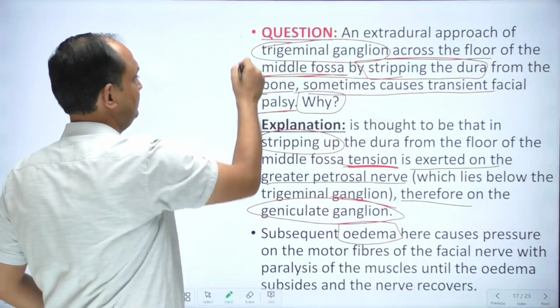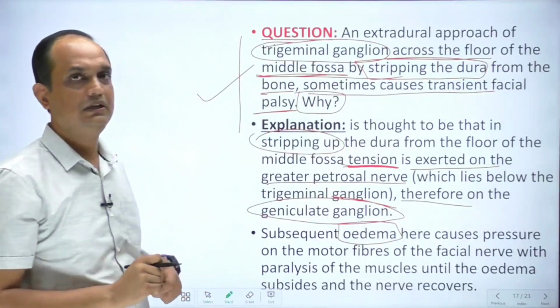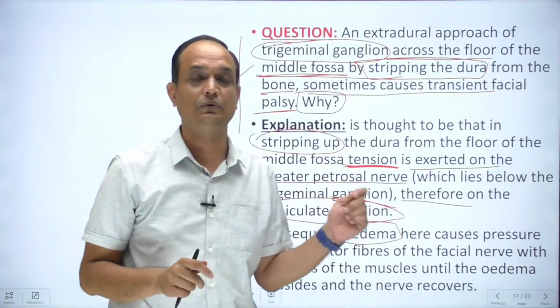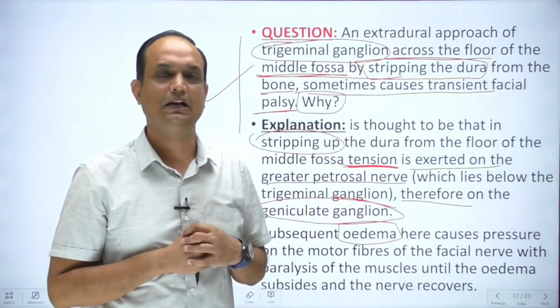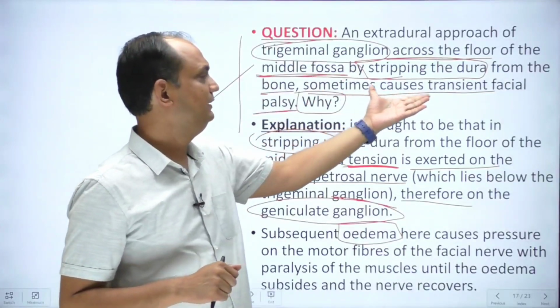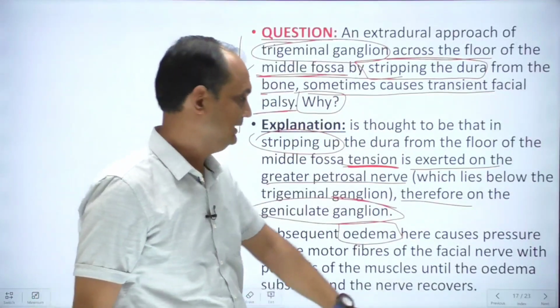So this is the question of your exam. Sometimes you have this question that if somebody is trying to do extradural approach to this trigeminal ganglia, why the person is having transient facial nerve palsy.